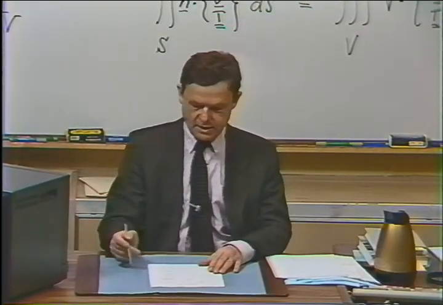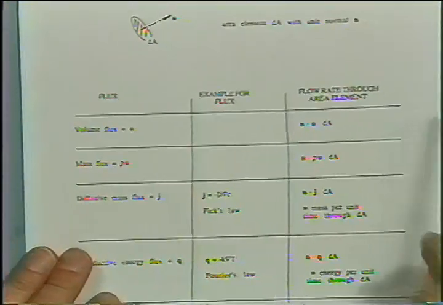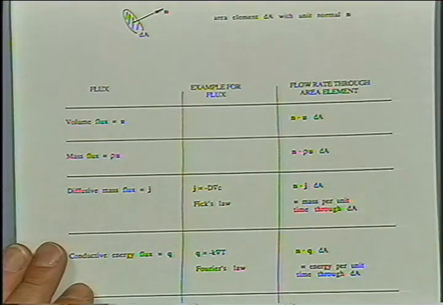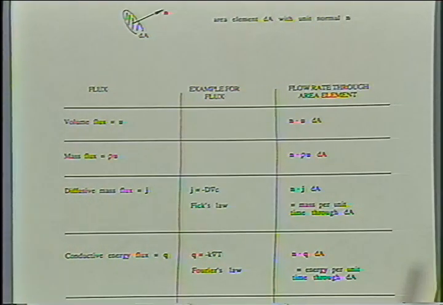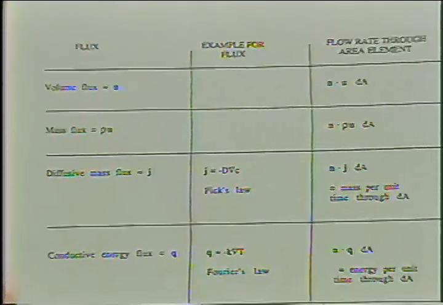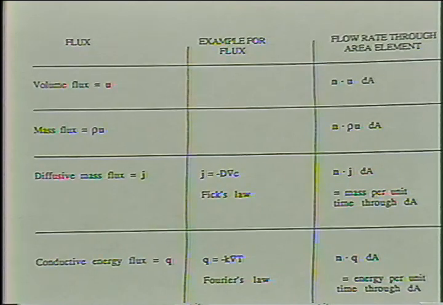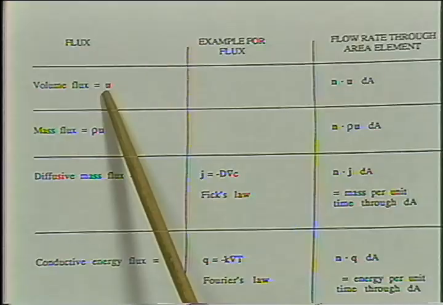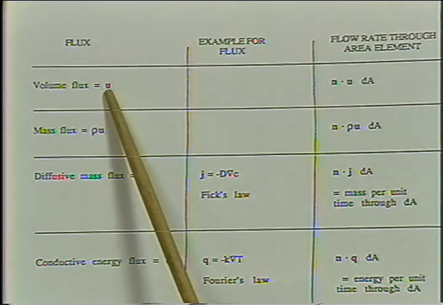For instance, you could say the velocity, this is a little small, maybe Becky, if you could make this a little larger. Yes. The volume flux, this is the volume per unit area, is given by the velocity. That's actually what velocity is. It's volume per unit area.